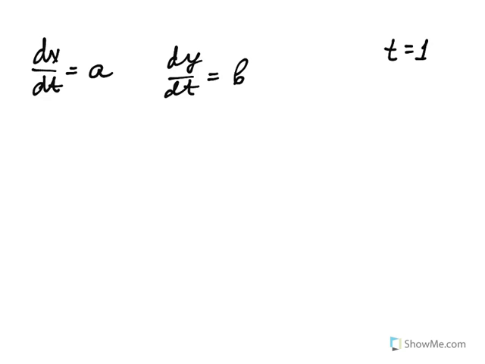So in 1 unit of time the object moves a units horizontally and b units vertically.